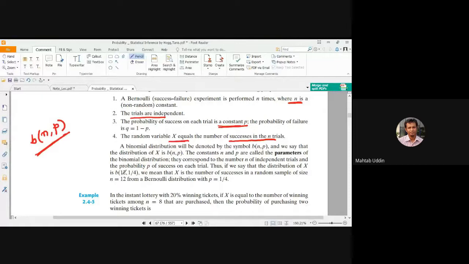Like they have written B(12, 1/4). That is this binomial distribution: they can trial 12 times with probability of success 1/4.